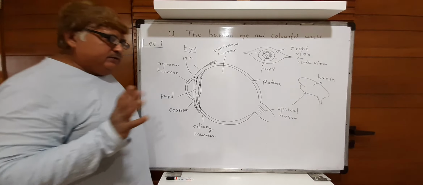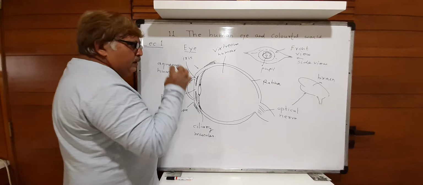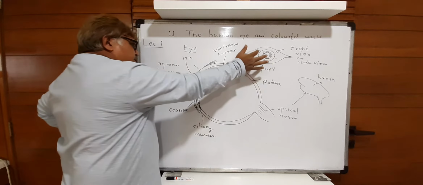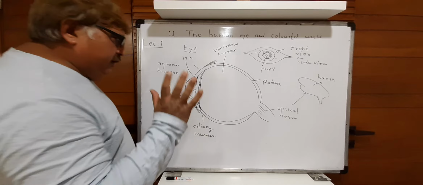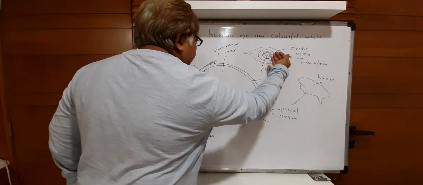At least blue black is sufficient. Okay. Now you see. First thing, make quite clear this is what the eye looks like and this is the real. Understand? We are seeing from the side view, from side.